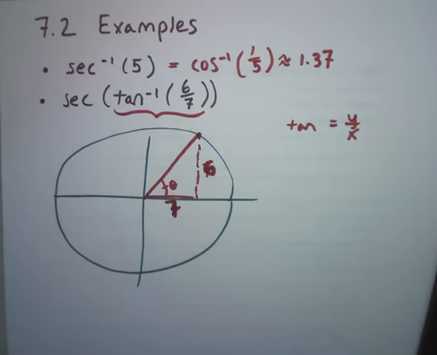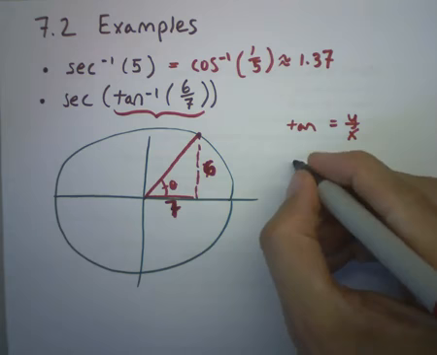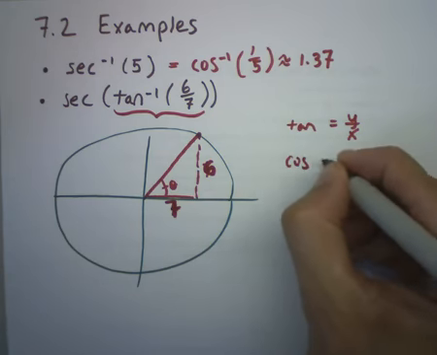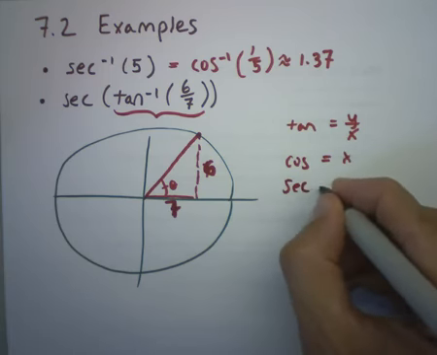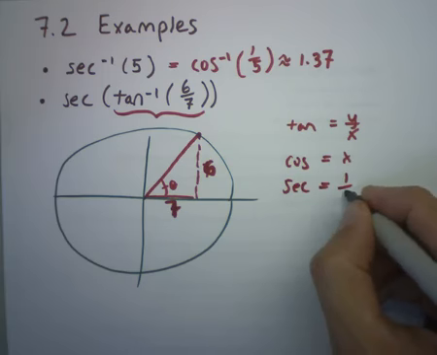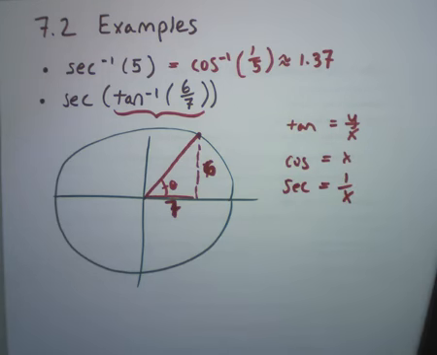And what we really want is the secant of that angle. Keep in mind that secant is 1 over cosine. Cosine is your x-coordinate, and secant, therefore, would be 1 over your x-coordinate. So we know our x-coordinate is 7.